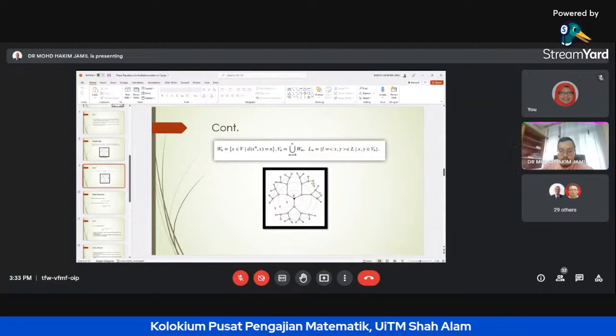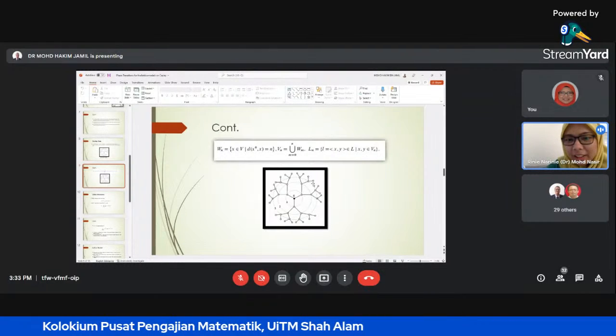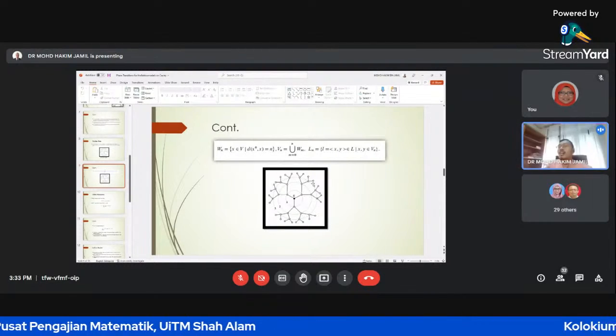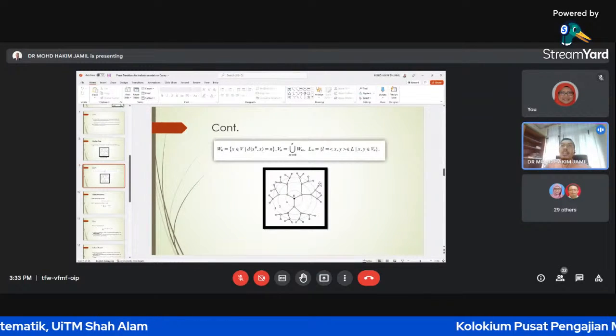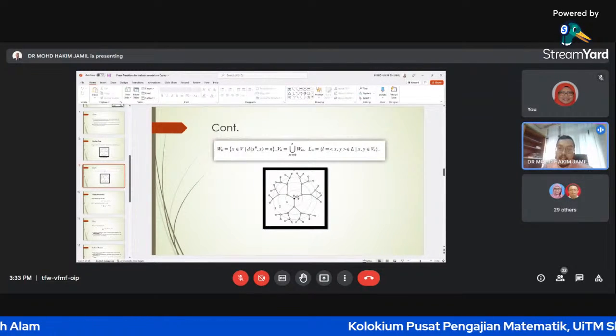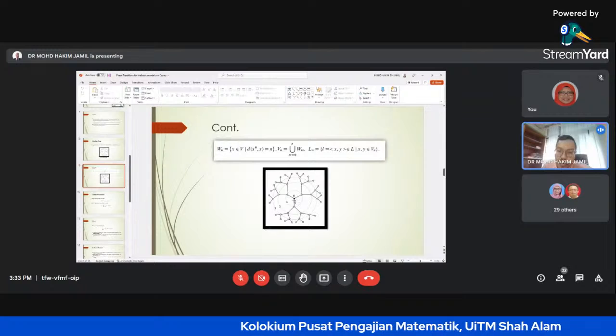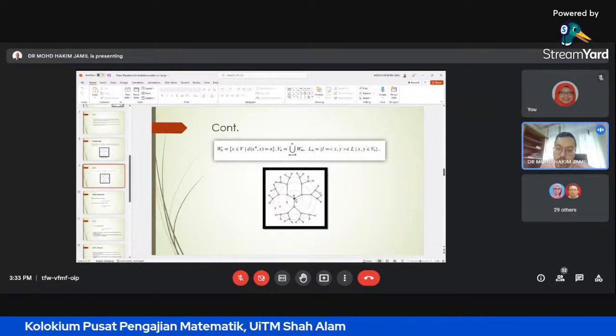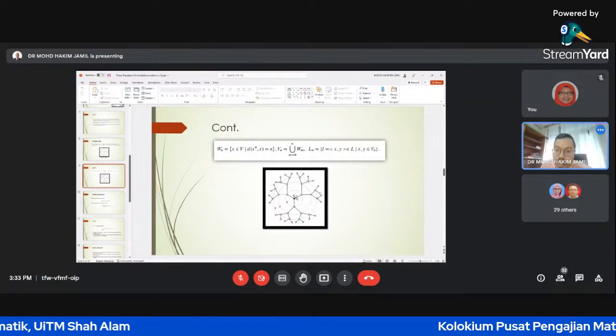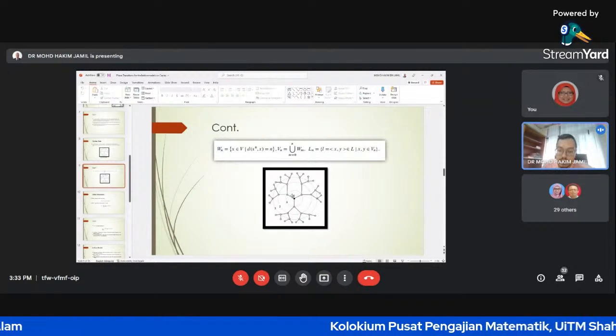And then what is J actually? As I mentioned before, from this point to these vertices, we call it a nearest neighbor. So this is the interaction between X0 and these vertices. They call it nearest neighbor.